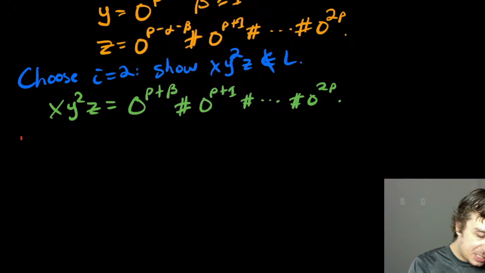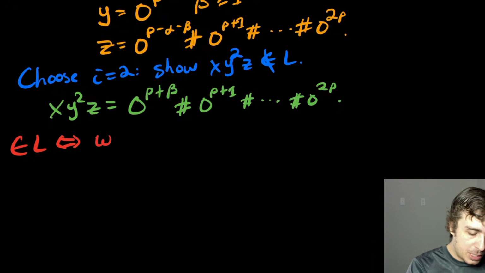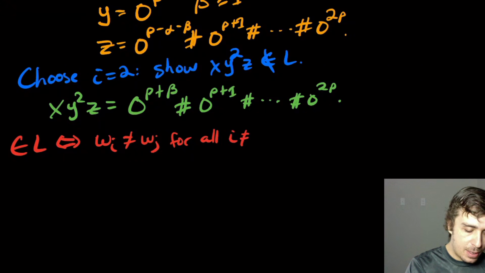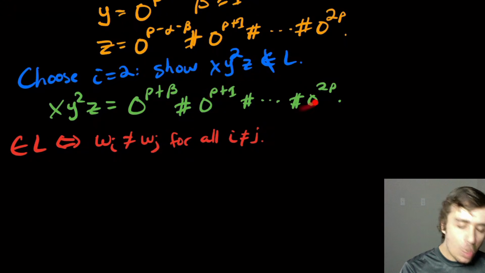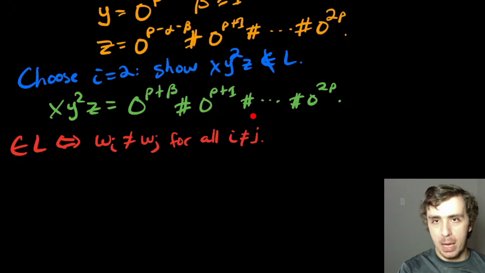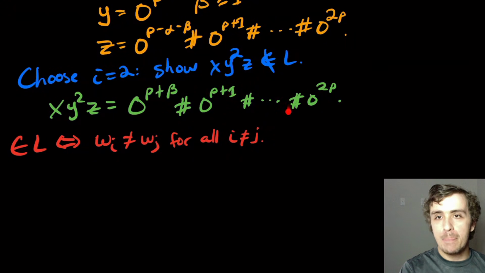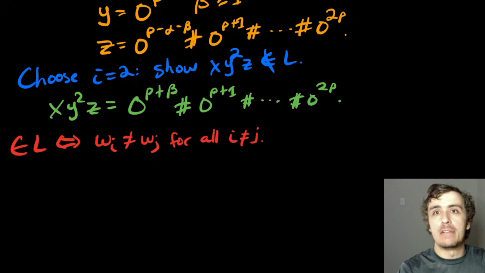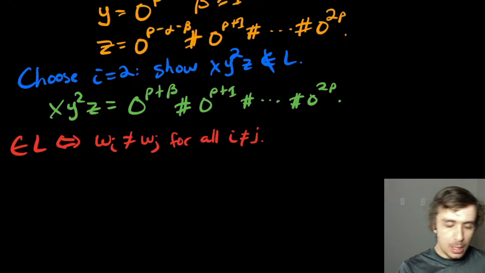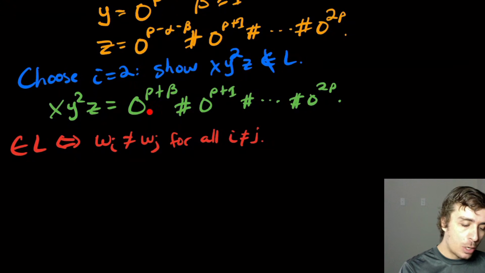This is in L if and only if Wi is not equal to Wj for all i not equal to j. Among the ones over here, they're unmodified, so any pair among them is automatically different, and we don't need to worry about those. The only thing is this one could be equal to one of these other ones.